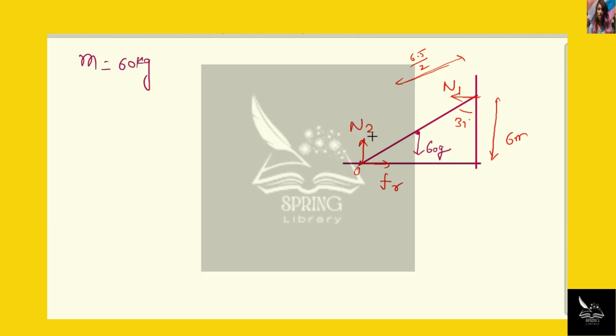Now in the first part of the question, it is told to find the torque of the force exerted by the man on the ladder about the upper end of the ladder.